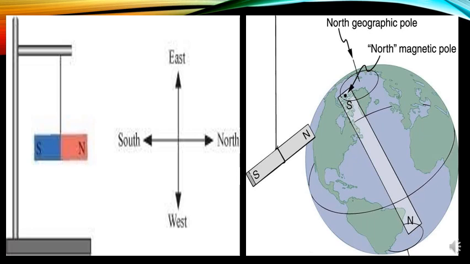So what can you say from this? A freely suspended magnet does not show exact geographical north and south because the magnetic axis and geographical axis of the earth do not coincide. So it will approximately show the north-south direction. So you can say earth is a huge magnet.